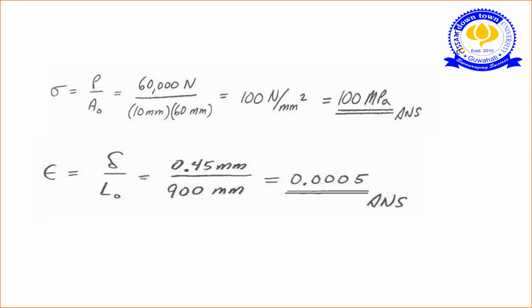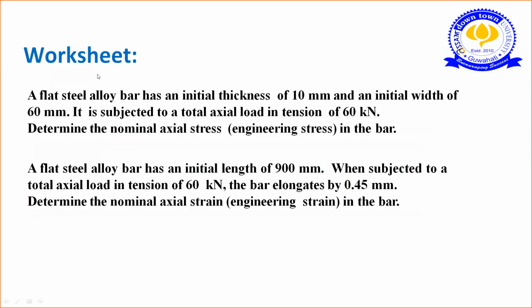The answer is in front of you. Sigma equals P by A naught. P is nothing but your N, right? The question says a flat steel alloy bar has an initial thickness of 10 mm and an initial width of 60 mm. From here you will get your area: 10 into 60 mm gives the area of the bar.